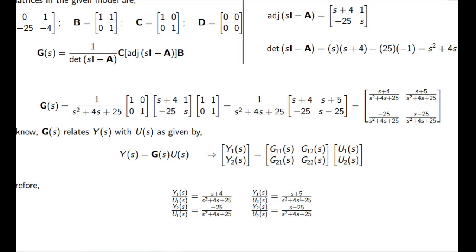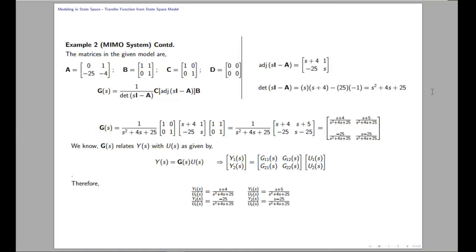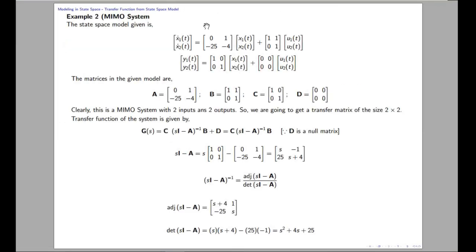And the other point to note is we derived this from a system with two state variables. Okay, so this is the model. So obviously you are able to see that this is a system defined by two state variables.